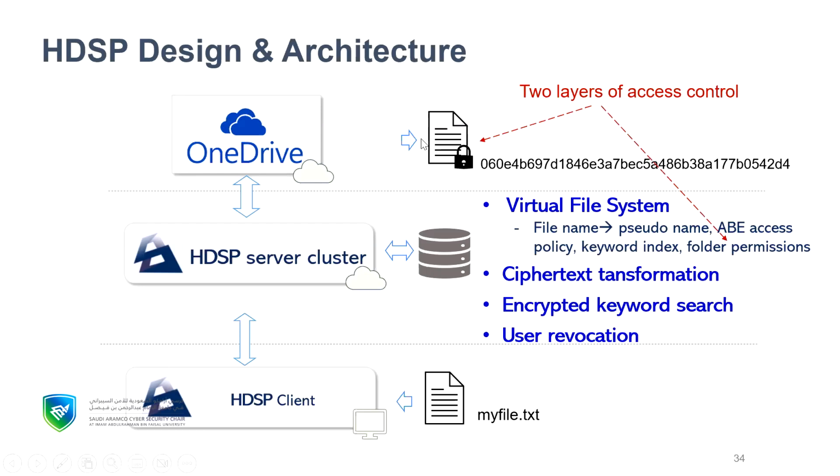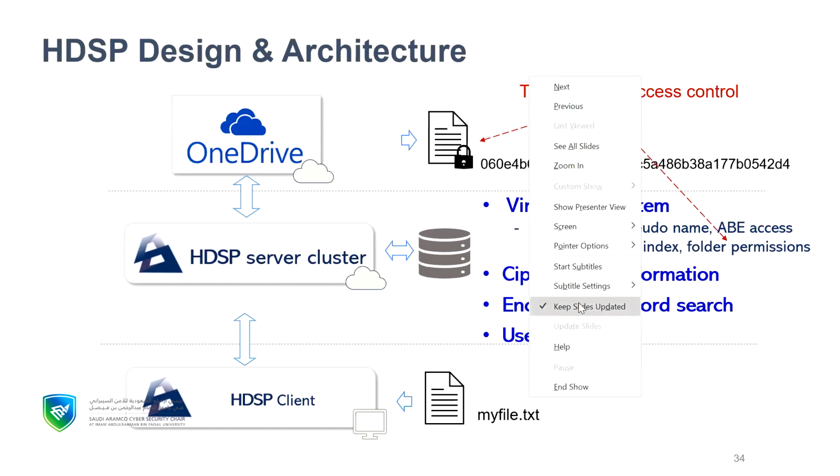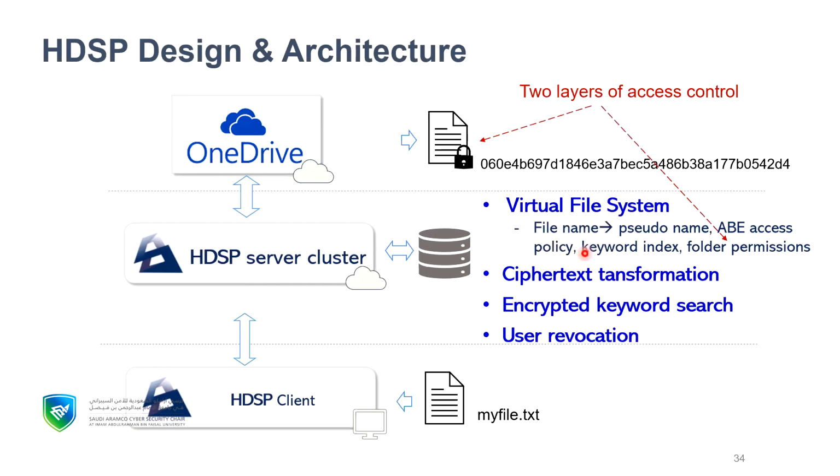The user has a document he wants to send to the cloud, but before it is sent to the cloud, the server cluster will do a file name mapping, because sometimes the file name can disclose a lot of sensitive information, right? So we translate the file name into a pseudo name. The file in ciphertext together with the pseudo name will be stored in the public cloud.